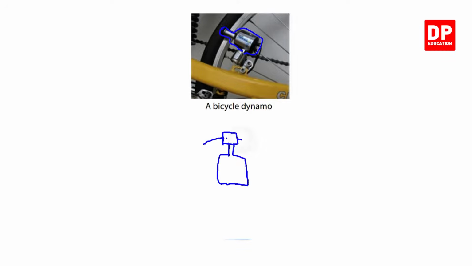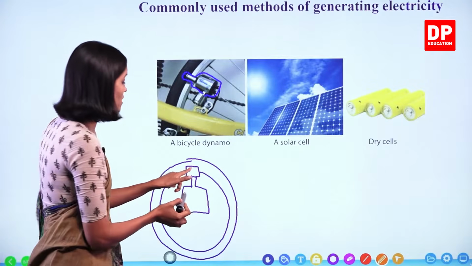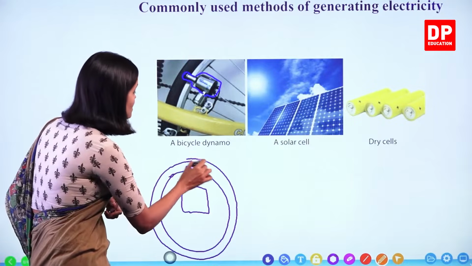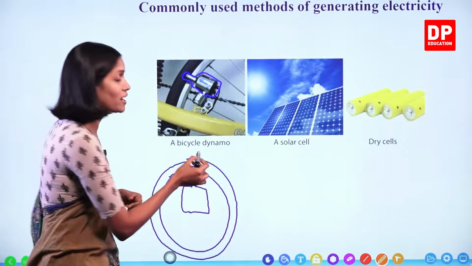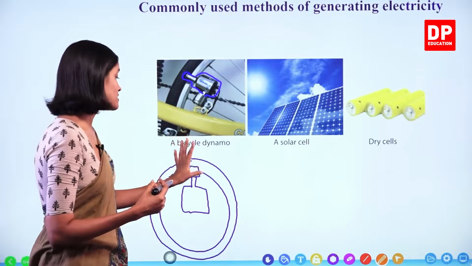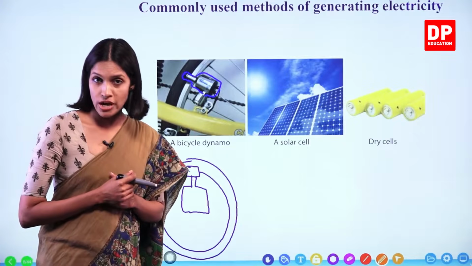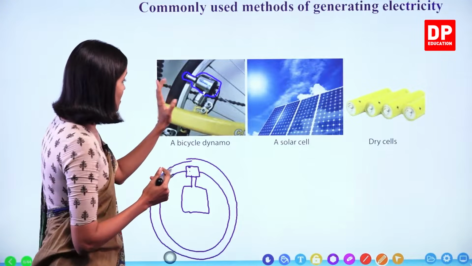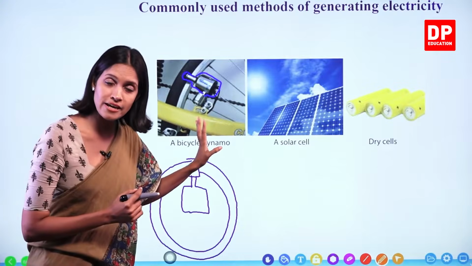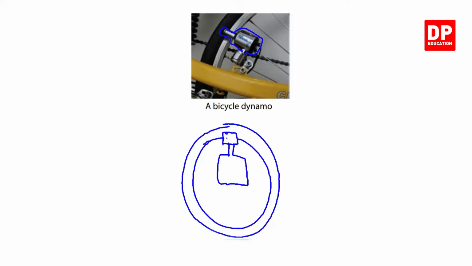So then what happens? When you pedal the bicycle, when the tire rotates, now I told you this part also can be rotated. When this tire rotates, then this tiny cap-like part also rotates, and then electricity is generated inside the dynamo, right? So if you observe carefully, if you have these type of bicycle dynamos connected to the bicycles, you will see there are two terminals, two wires coming out of this dynamo, and it is connected to the lamp, right?